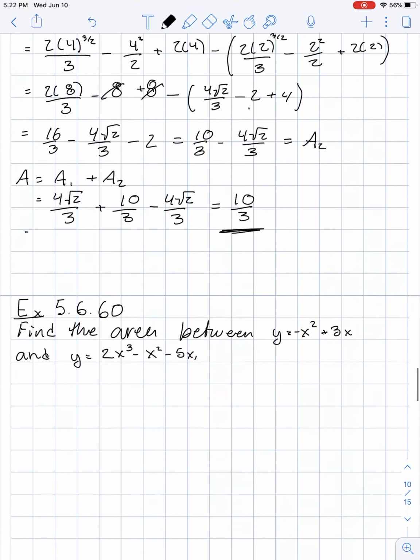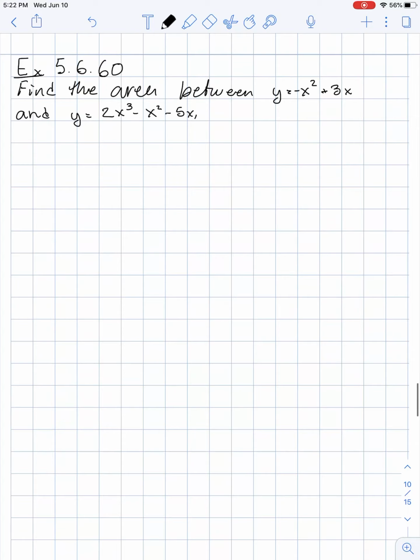These two I don't expect you to know how to draw. This one actually does come with a picture in the textbook, but let's just assume that we don't have that. So let's assume that I know nothing else other than that I'm given y1 equals negative x squared plus 3 and y2 equals 2x cubed minus x minus 5.